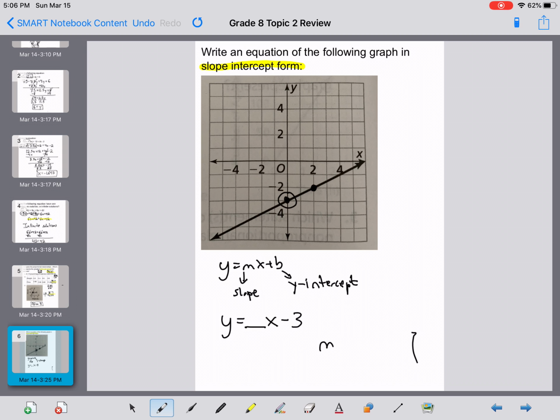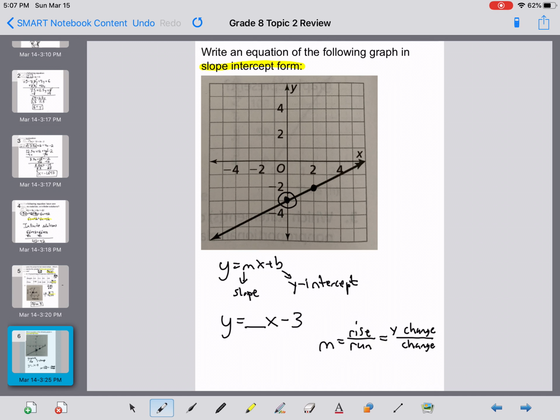The slope is the rise over the run. Or how the y changes over how the x changes.